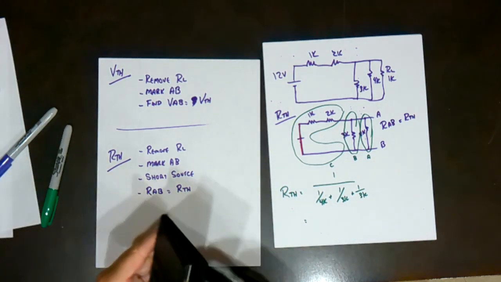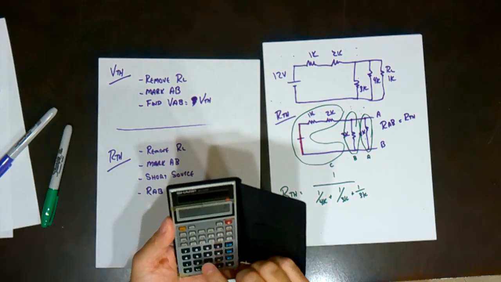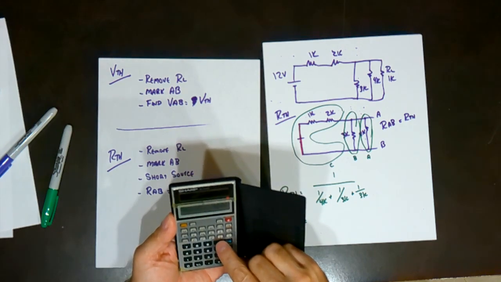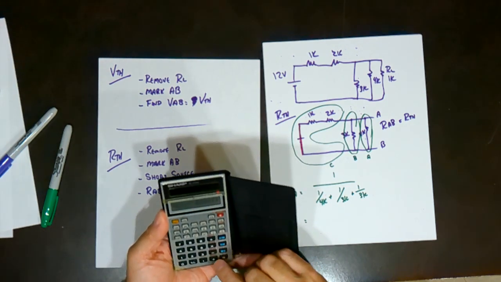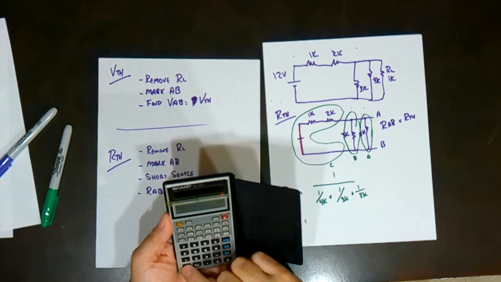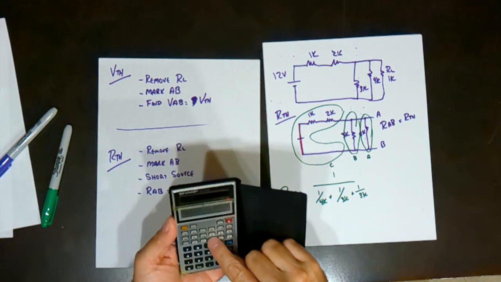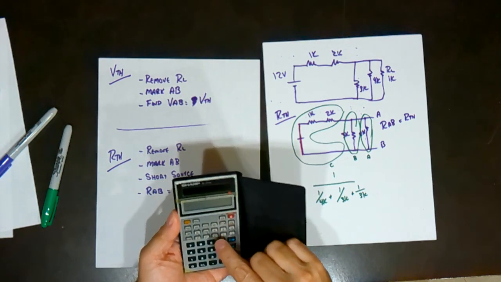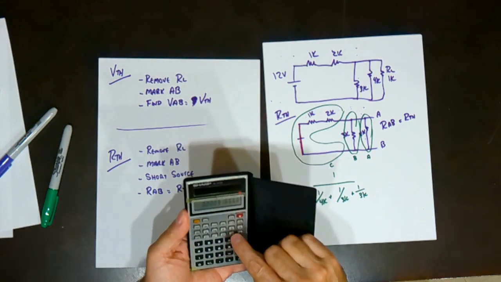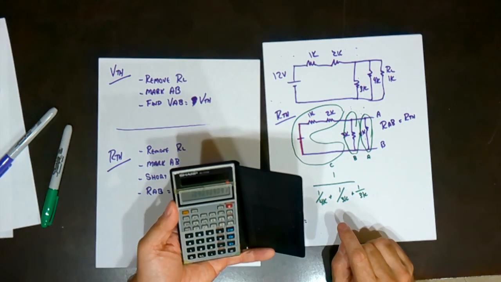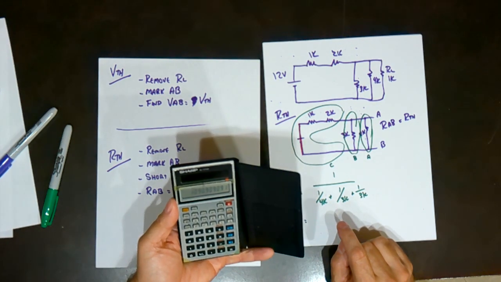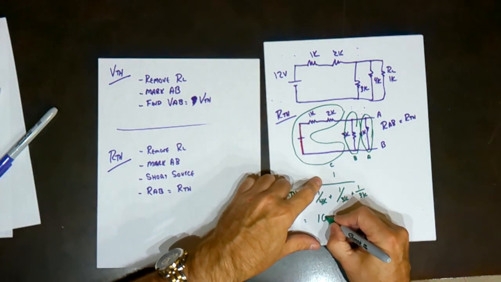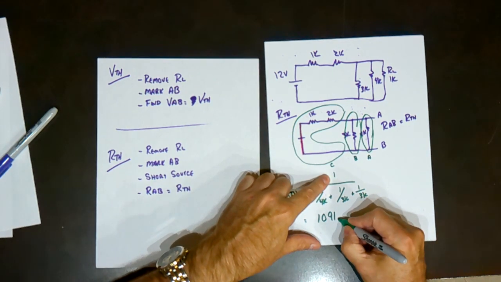And if we put that into our calculator, 4K, 1 over, plus 3K, 1 over, plus 3K, 1 over, and 1 over that. 1091, so 1091 ohms.